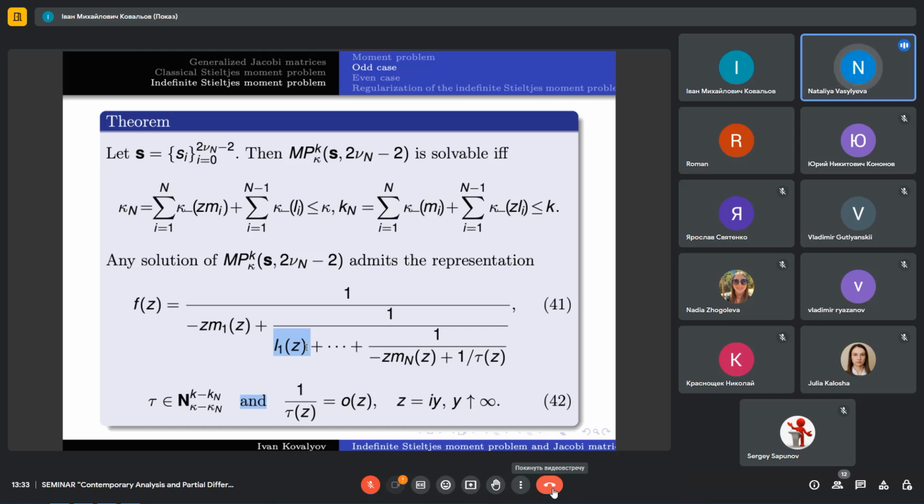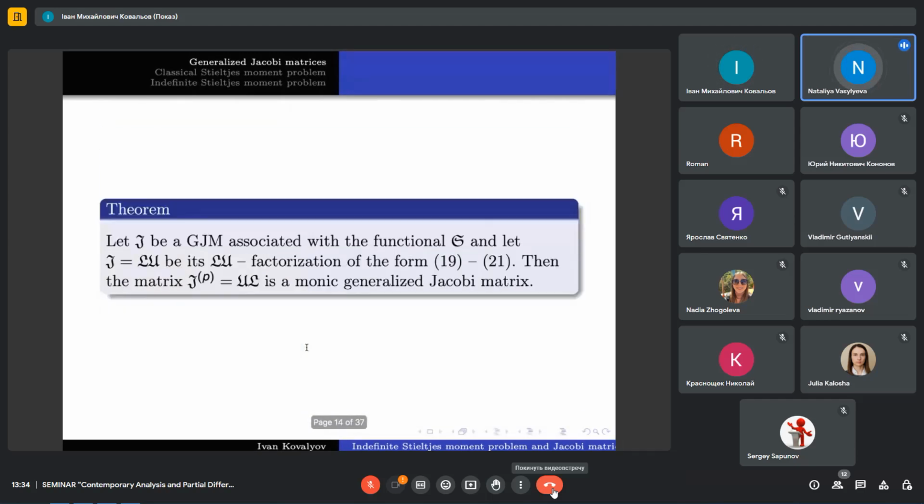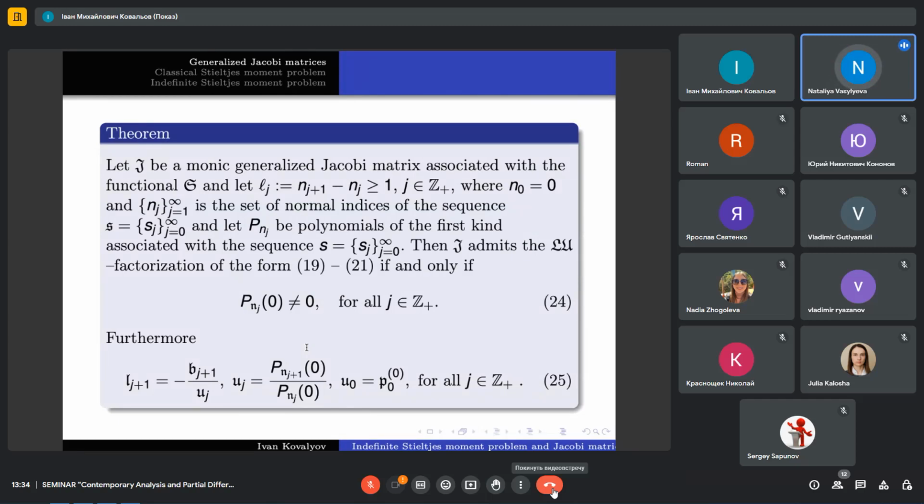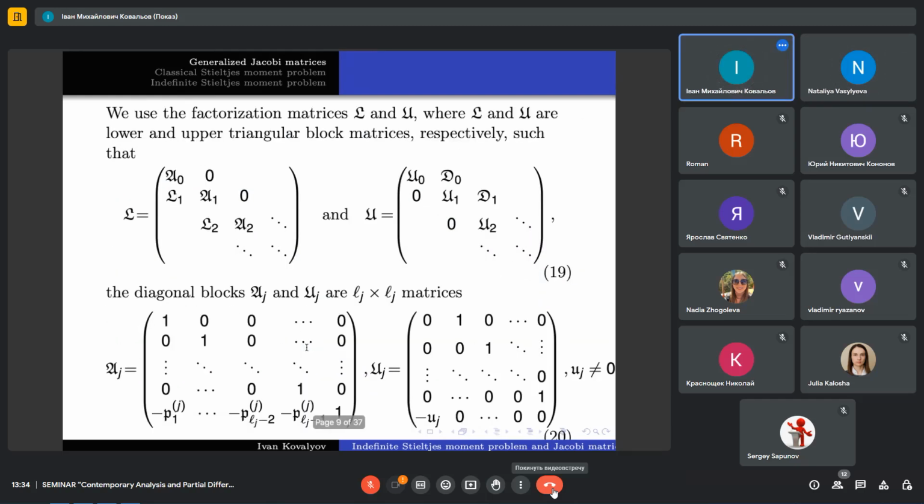Okay, Ivan, please, let's return to Formula 24. Could you explain what happens if P_nu(zeta) from 0 tends to 0? What's the problem? Of course, I understand that it's a necessary and sufficient condition for factorization, but what happens?